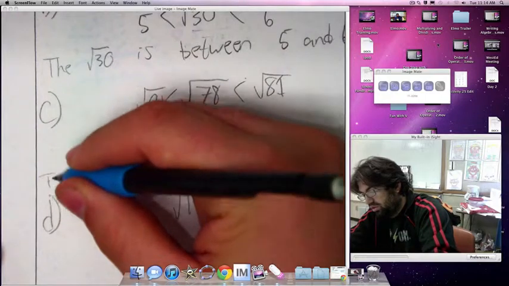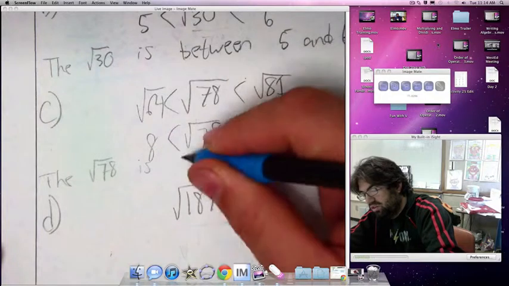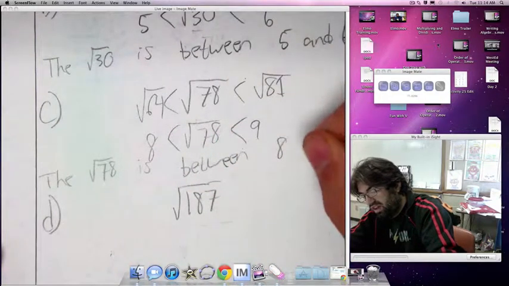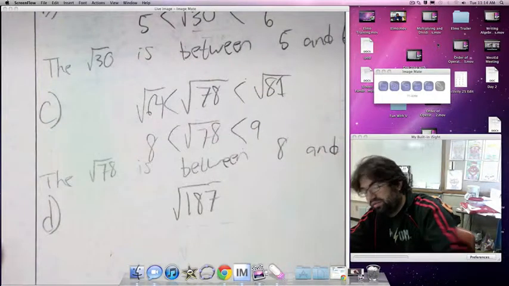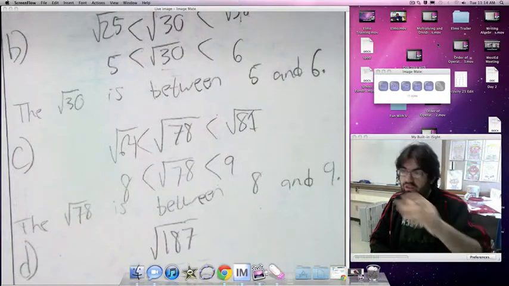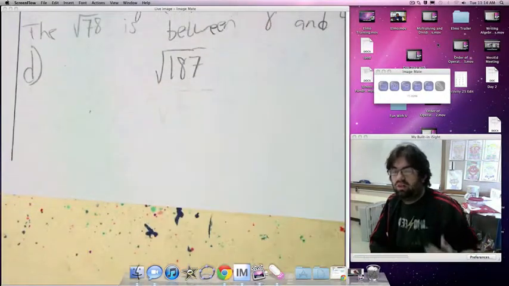So the square root of 78 is between 8 and 9. Like, that's all there is to these questions. It's not rocket science, because I'm terrified of rockets.